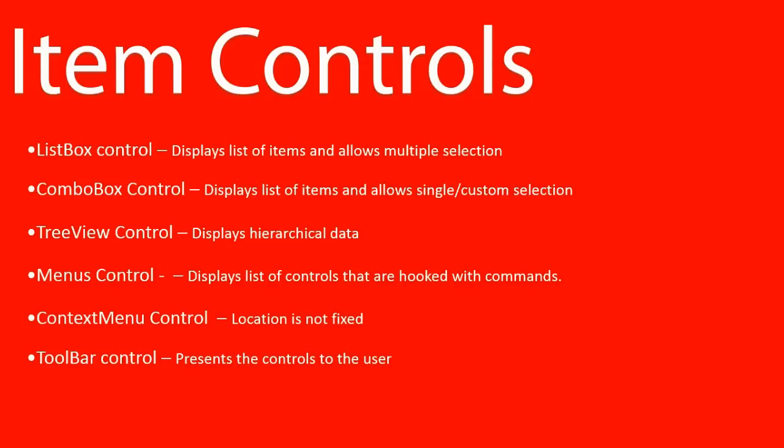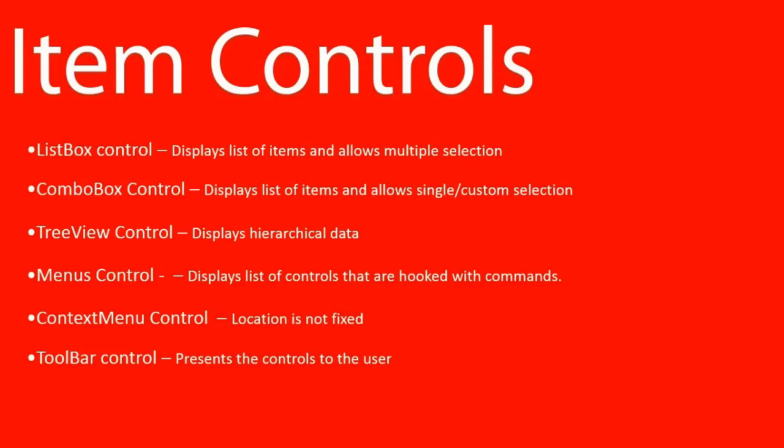The second is the combo box control. It displays a list of items and allows single or custom selections. The next control is the tree view control. It displays hierarchical data. So if you have some hierarchical data, then you can use the tree view control.